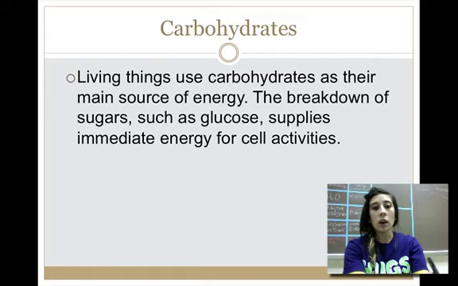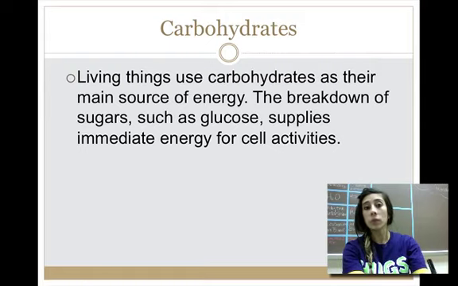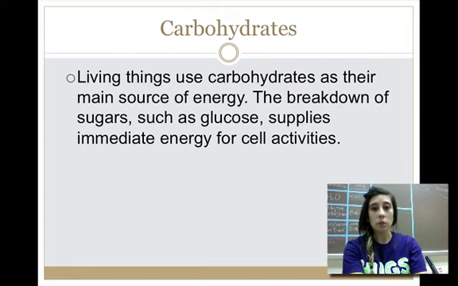And basically, living things, including us, right, we're living, use carbohydrates as their main source of energy. So the energy that you get when you run is from carbohydrates. They break down into sugars, for example, glucose, and we can get immediate energy for cell activities.